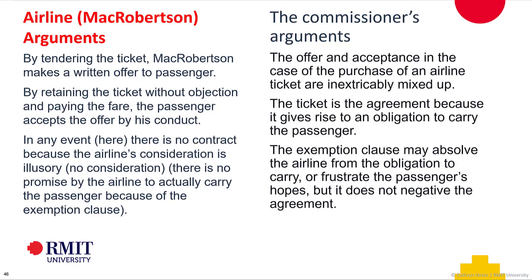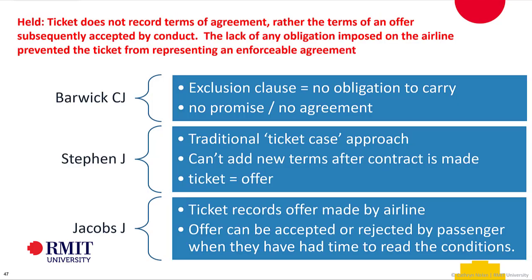The ticket is the agreement because it gives rise to an obligation to carry the passenger, even though the exemption clause might mean they can get out of that. This is further confusing because even though there is a majority judgment, in fact, all three judges find that the ticket doesn't record the terms of agreement, and they find that for different reasons.